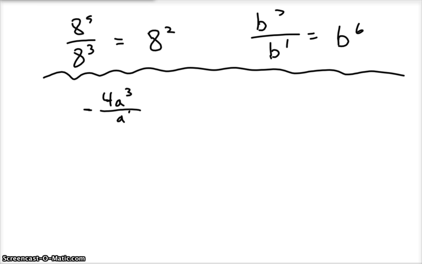But we're going to have a to the 1st power. And since we're doing a negative divided by a positive, remember there's kind of an invisible 1 there as well. Negative divided by a positive keeps it negative, so we're still going to have negative 4a, but we're doing subtraction, so it'll be squared. All right, so that's the process. Again, it works just the same with numbers as it does with variables.